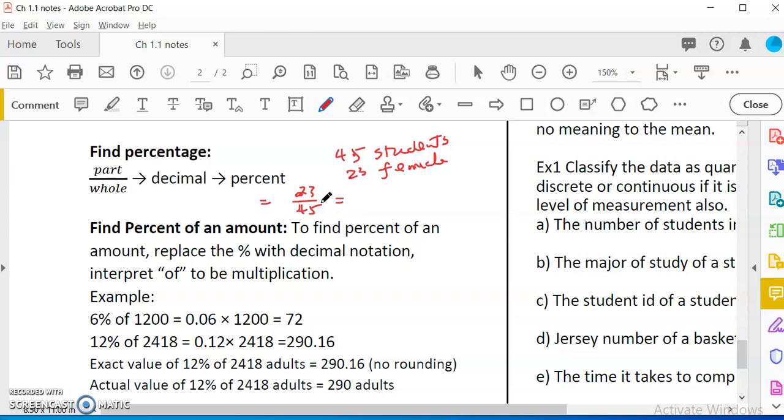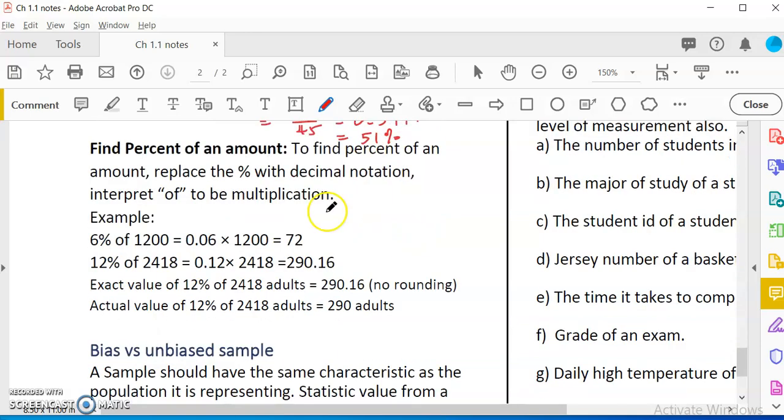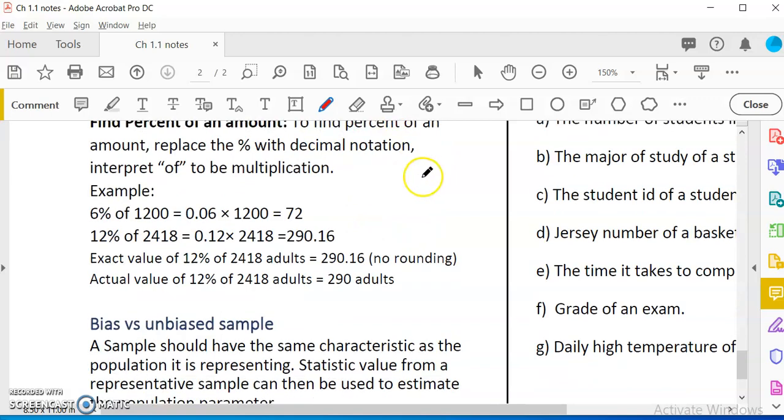You divide 23 by 45, and it's 0.511, like that, and change into percent. So maybe we'll just use whole numbers, so it will be 51%. We'll talk about rounding in 1.2. For the time being, we'll just do whole numbers. Usually in a question, they would tell you what to round to. And if they don't say anything, you give the exact value.